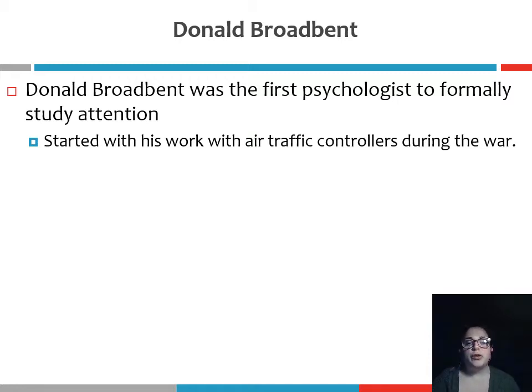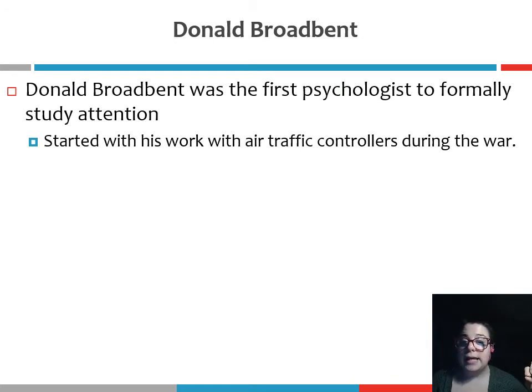For those of you who don't know exactly what an air traffic controller does, they are responsible for monitoring the position, the speed, and the altitude of multiple aircraft.